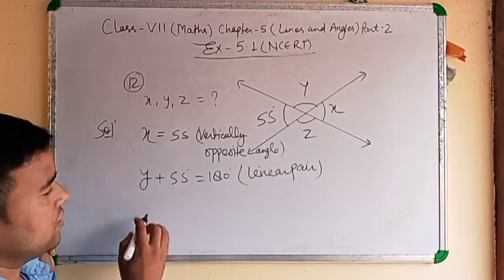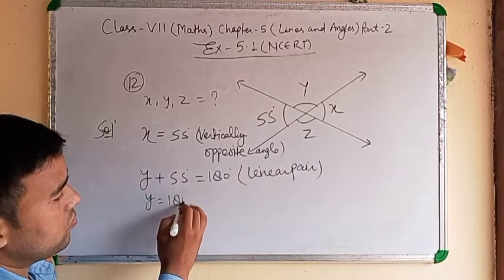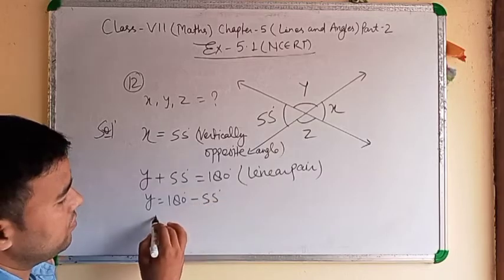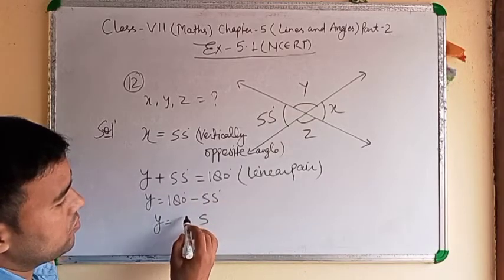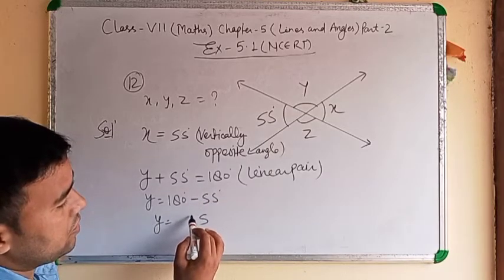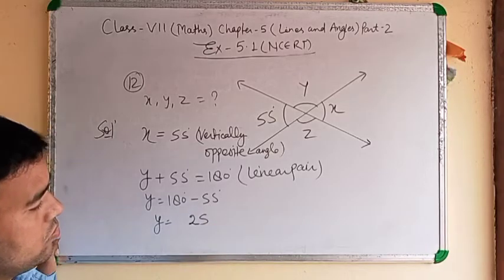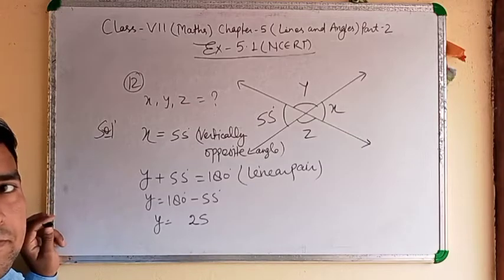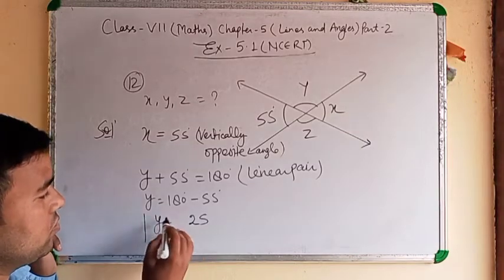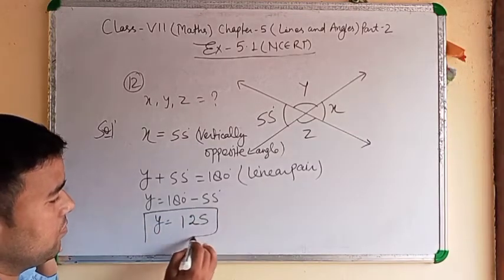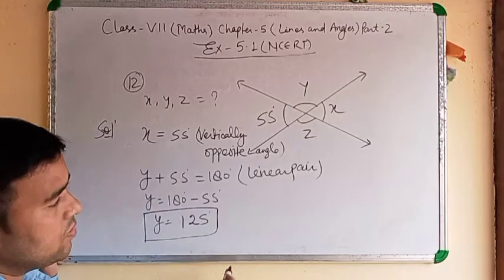Clear? Then y equal to 180 minus 55, which is 125. Clear?